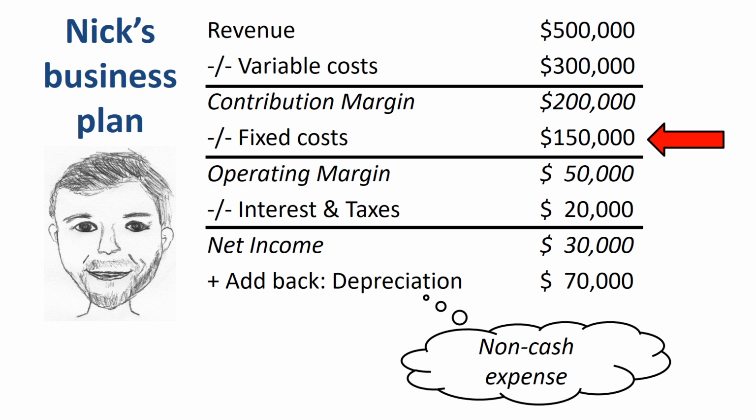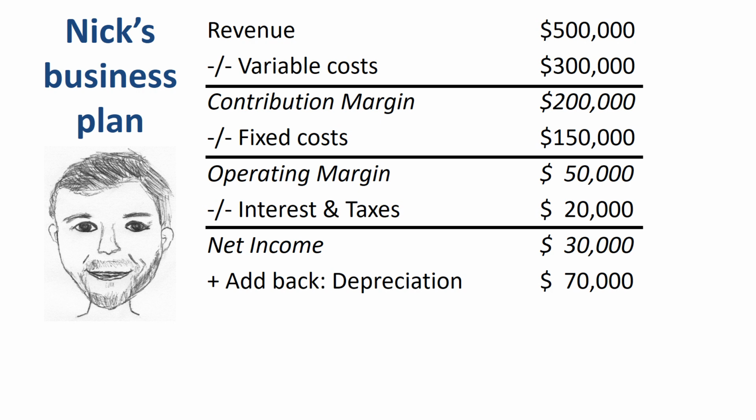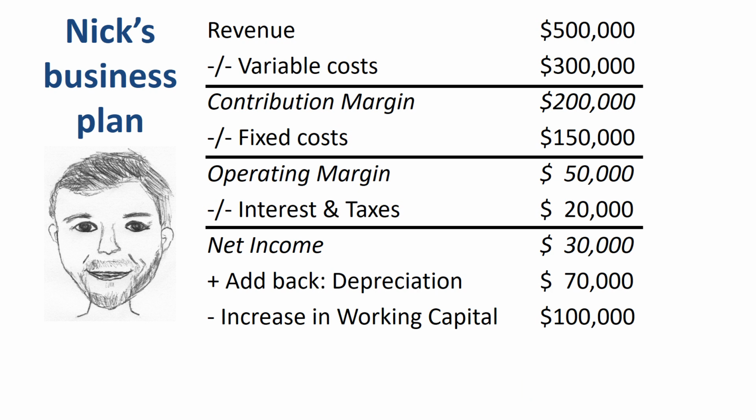Next step to get from profit to cash flow is to look at the working capital needs in year 3. As the company is expected to grow rapidly, Nick projects an increase in working capital, which means from the cash flow perspective that there's a cash outflow. Here's how that works.